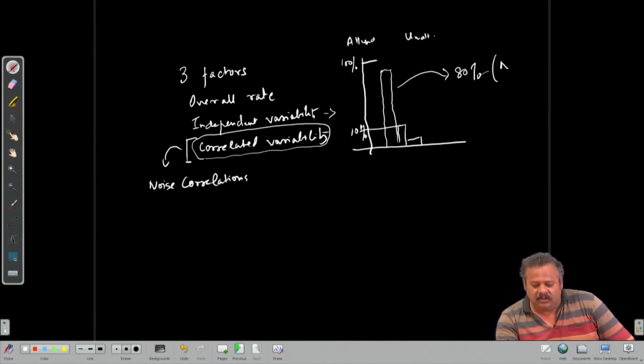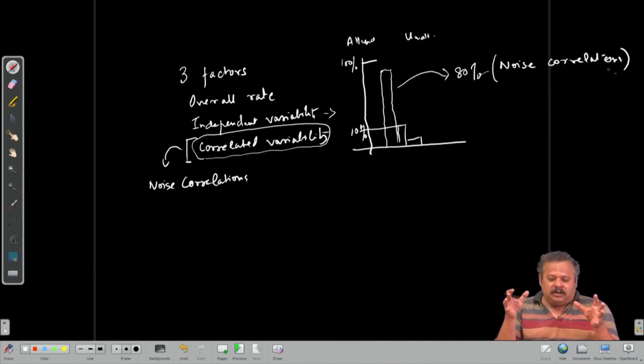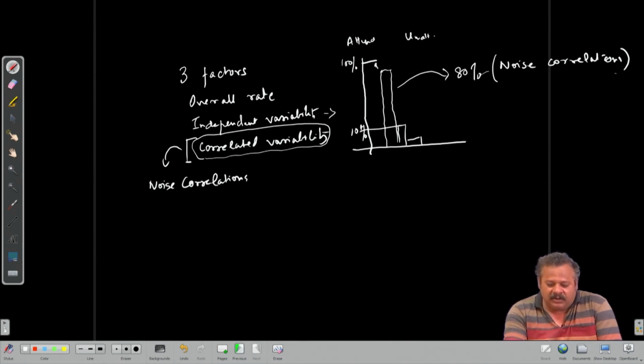So, this is the contribution of noise correlations, or the correlated variability in pairs of neurons. At a network level, how all the neurons together are behaving becomes extremely important in the case of attention. When you take all three together, that approaches the 100% kind of limit. It is 90% or so.